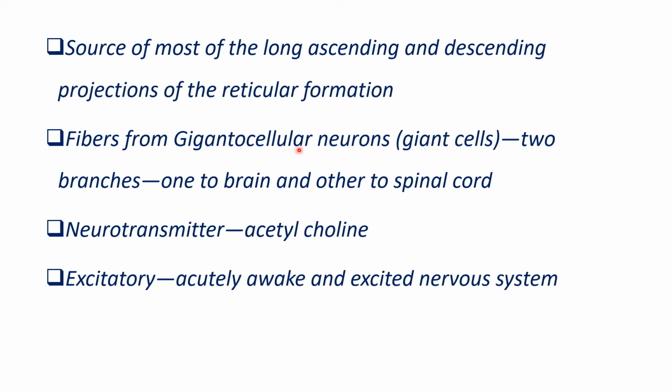Fibers from gigantocellular neurons, the giant cells, divide into two branches immediately, one going up to the brain and the other passing down to the spinal cord through the reticulospinal tracts. The neurotransmitter released by these is an excitatory neurotransmitter, which is acetylcholine. So at most of the places, activation of these cholinergic neurons leads to an acutely awake and excited state. So they play an important role in your aroused, awake, conscious state.